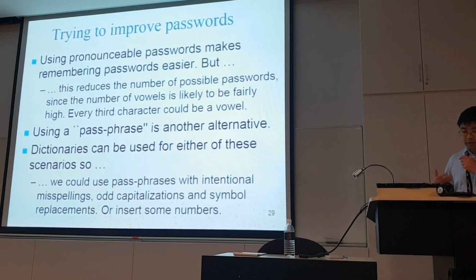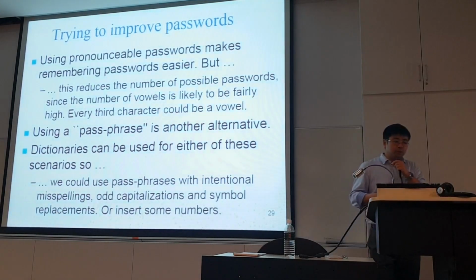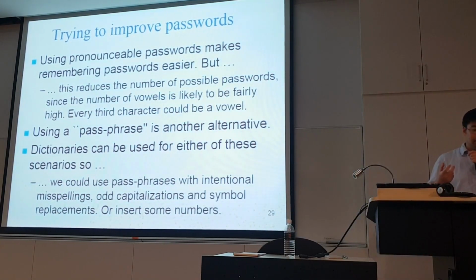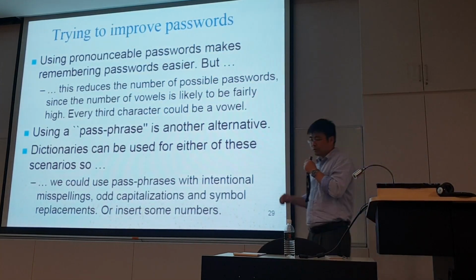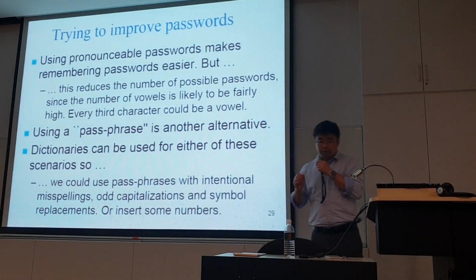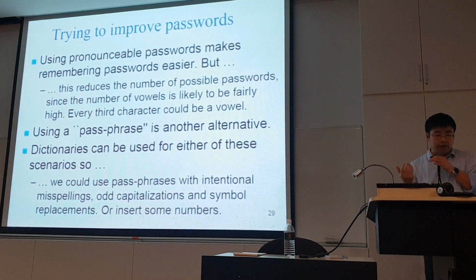Another mechanism to improve security is to improve the quality, for example, by increasing the entropy of the password. In the previous slide, the cartoon demonstrates that if you have some good mechanism, you can have a high entropy.